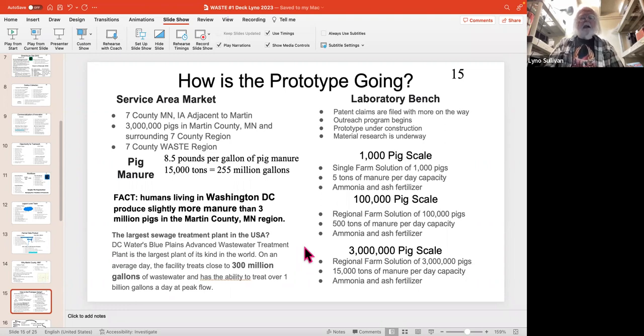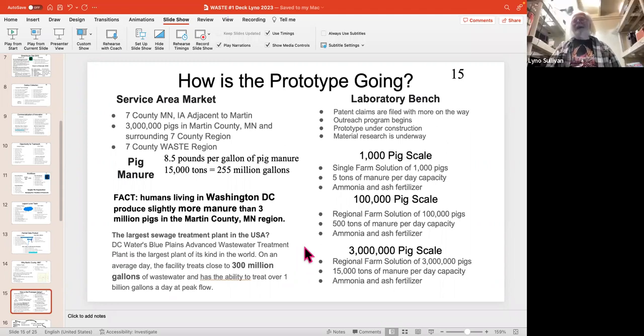Then I looked at the largest sewage treatment plant in the USA. DC's Blue Plains Advanced Water Treatment Plant on an average day treats close to 300 million gallons. I went, 300 million gallons, really? Well, we're at 255. So the humans living in Washington, D.C. produce slightly more manure than 3 million pigs in the Martin County, Minnesota region. That's my bit of humor.